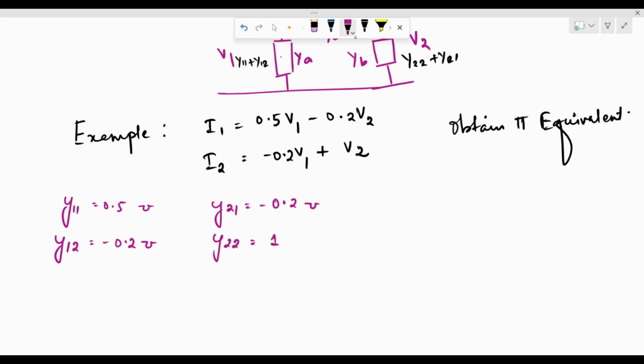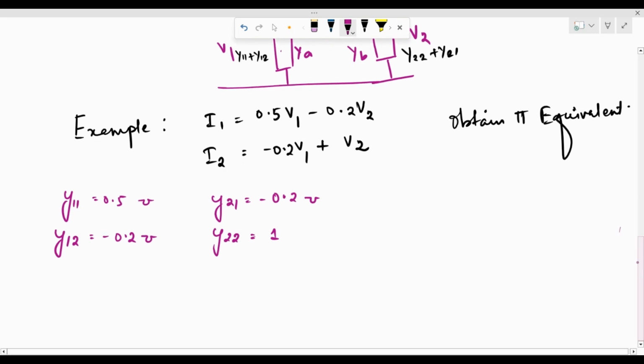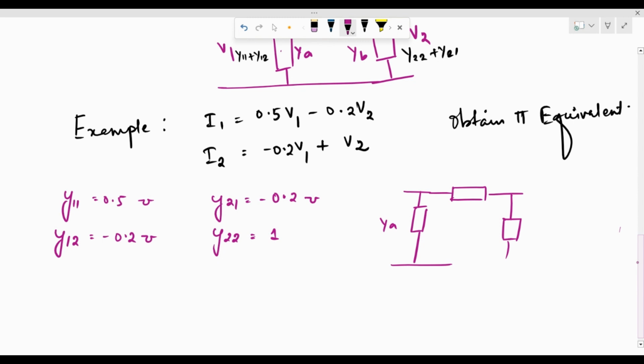So we've been asked to obtain the pi equivalent for this network. So this means we have to compute the values of YA, YB, and YC. So this is YB, this is going to be YC, I1, I2, this is V1, and this is V2.